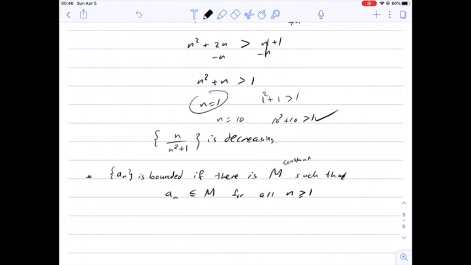So in this case we call the sequence bounded above. This is bounded above.